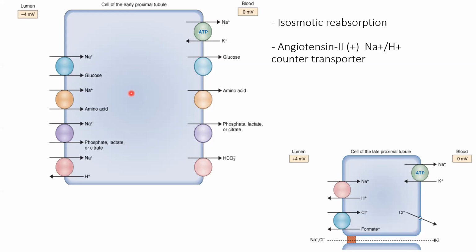Okay, so the fluid which enters the cell and then enters the blood has the same osmolarity. There is no difference in water to sodium ratio, if you know what I mean. Okay, this PCT phenomenon is called iso-osmotic reabsorption. Now there are very important implications for this.